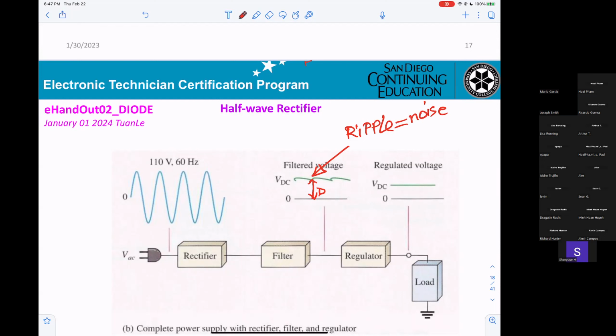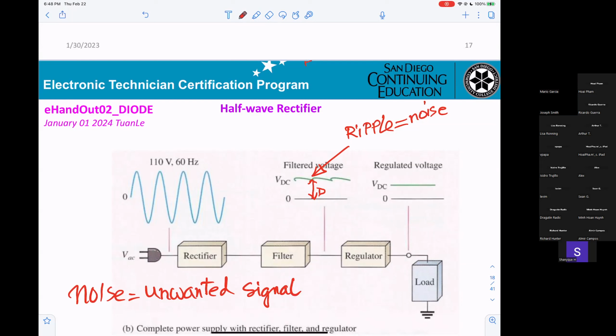Now, I just try to get the basic definition for the noise. What is the noise? It's an unwanted signal. Perfect. Unwanted signal. That means the signal you don't want, but it's there.